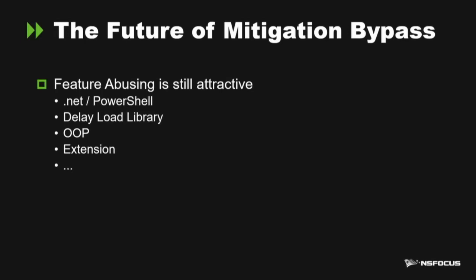All these are powerful features which can do powerful things. So if they are abused, they can potentially be used to bypass mitigations.